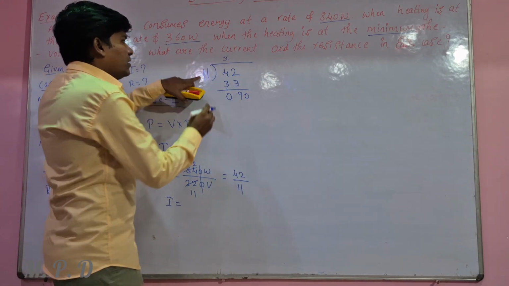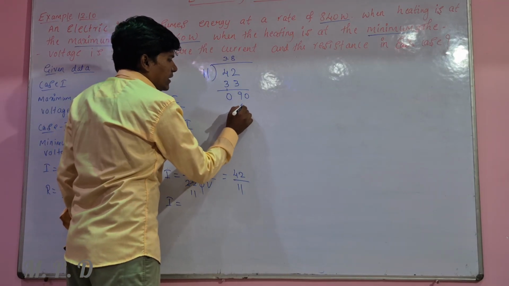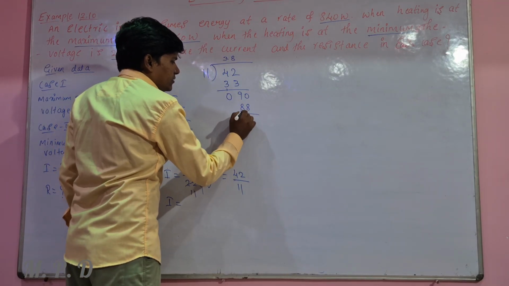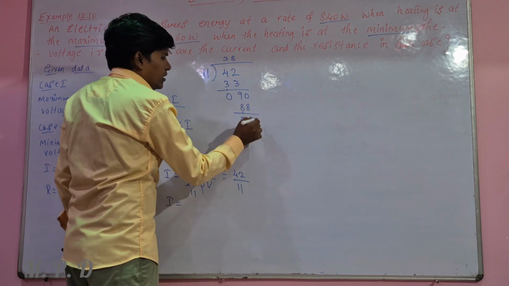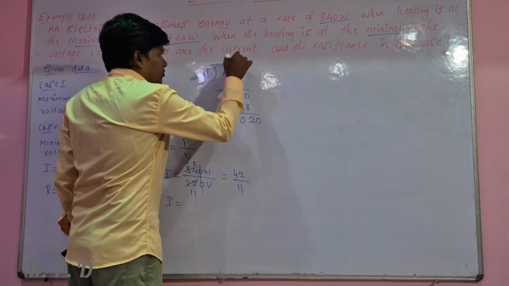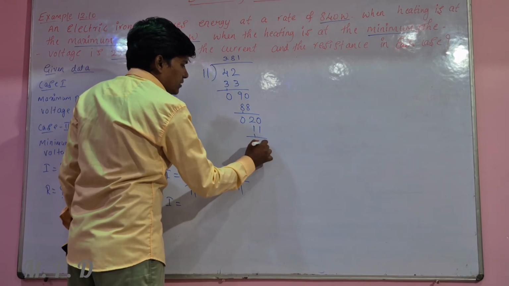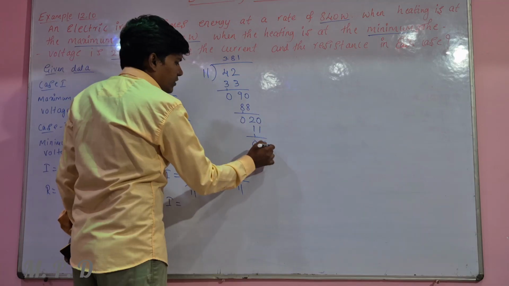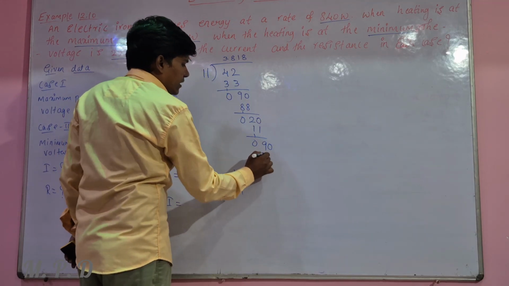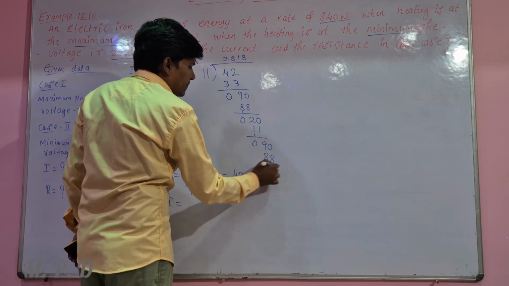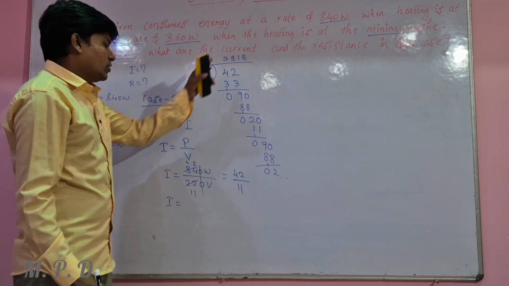Directly 11 eights are 88, so we take 1 here and 2 and 0, and again we add a 0. 11 ones are 11, take 1 here, then 9 and 0. Again we add a 0, it will be 88, and it continues on. Now we get I.